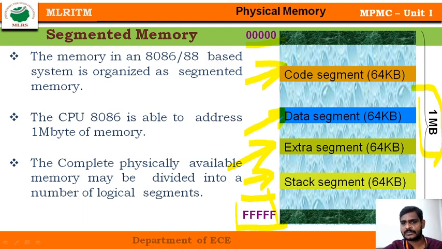You may have a doubt: after the 4 segments, what about the other memory? The other memory can also be used by the segment registers, but at a time I can access only 256 kilobytes of memory.